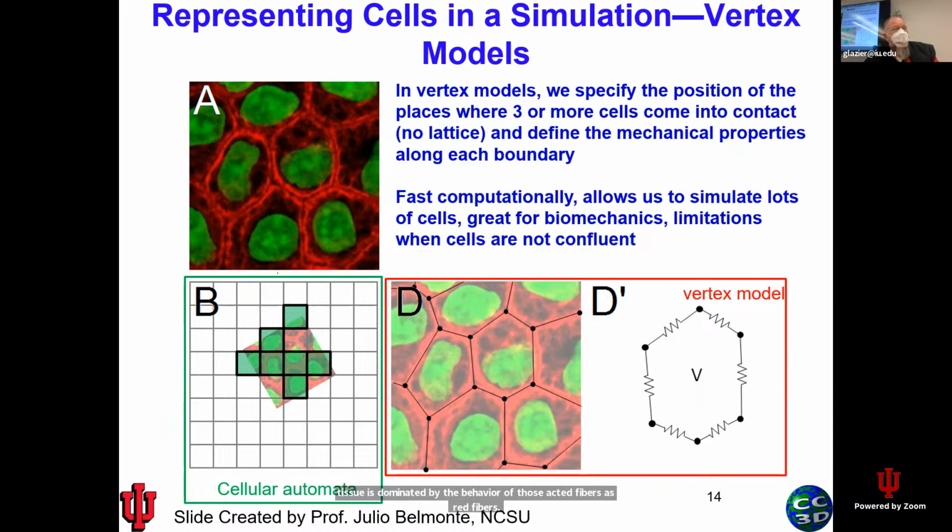And so I'm going to represent this pattern by putting spots at the vertices. In this case, it's 2D, so threefold vertices, and essentially springs along the edges. And I'm going to adjust the behaviors of these springs. Are they longer? Are they shorter? Are they under more tension? Under less tension? You can do this in 3D too, although it gets a little bit complicated to do the bookkeeping when you do. And this is called a vertex model.